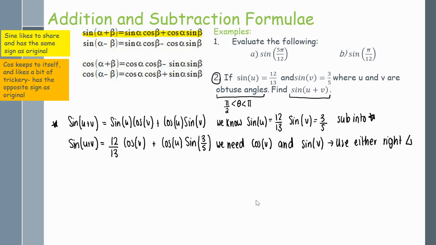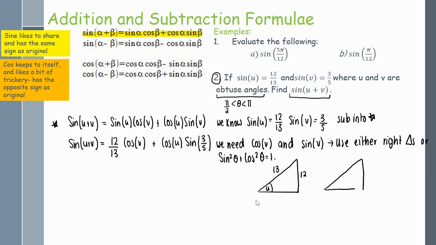You can use either right angled triangles, or you can use the Pythagorean identity that sine squared theta plus cos squared theta equals 1. I'm just going to use right angled triangles here because I think it's a little easier, especially with the values that we've been given. So if I have a right angled triangle, and I know that sine u is 12 on 13, that means the opposite side is 12, the hypotenuse is 13.